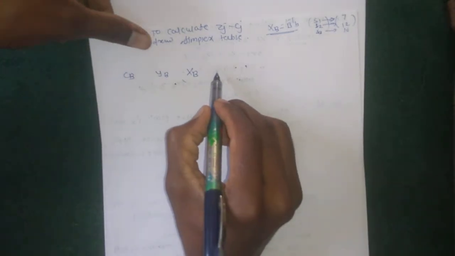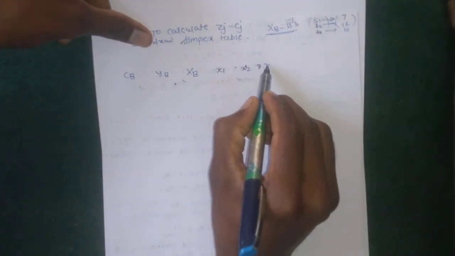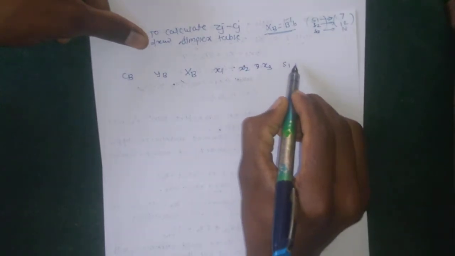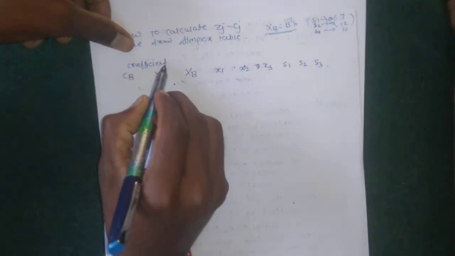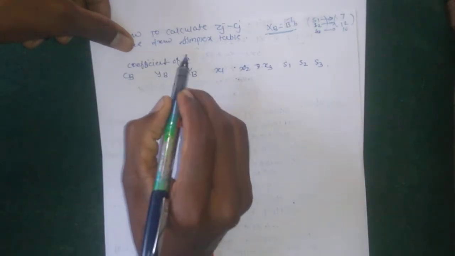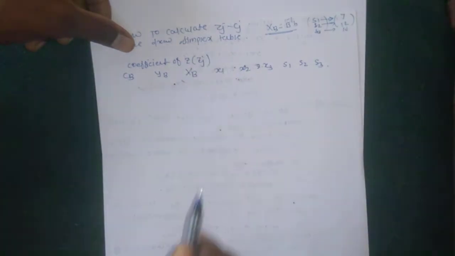Okay, so then next is x1, then x2, then x3, then s1, s2 and s3, and the upper side is the coefficient in z, coefficient of z. This is also called zj or cj.